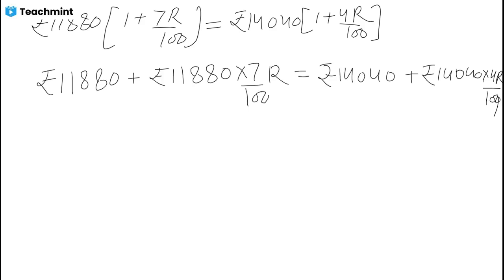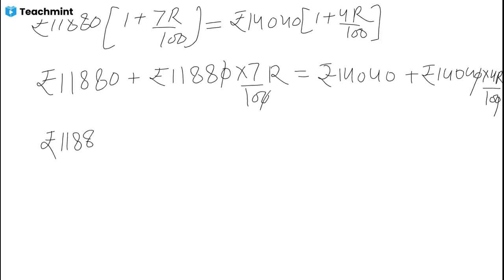So just cancel one 0 from here, and similarly from here. Take the unknown values, involving r, on the left side, and the other values on the right side.